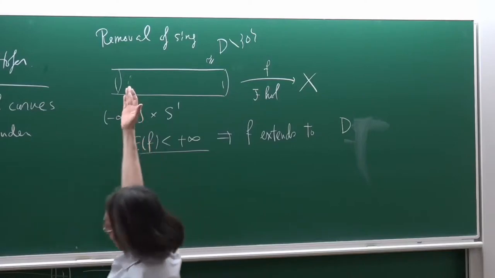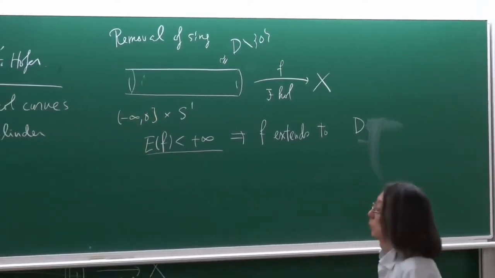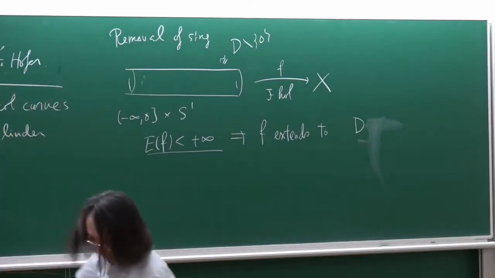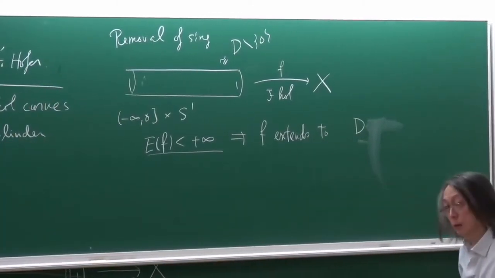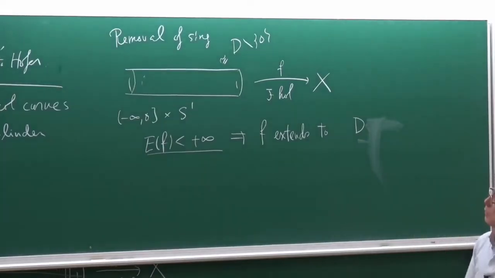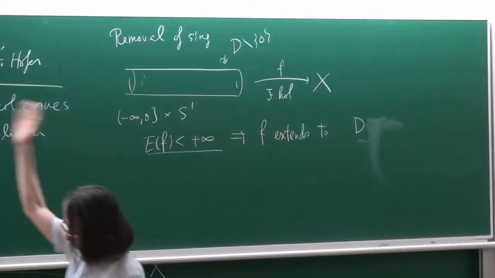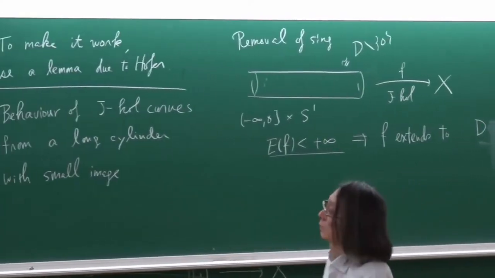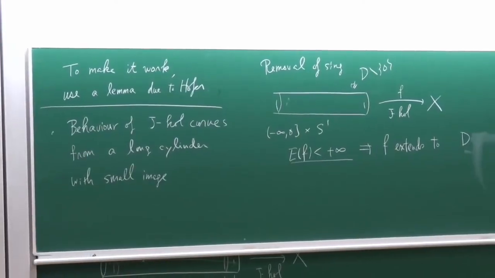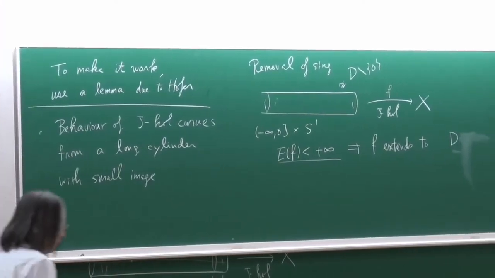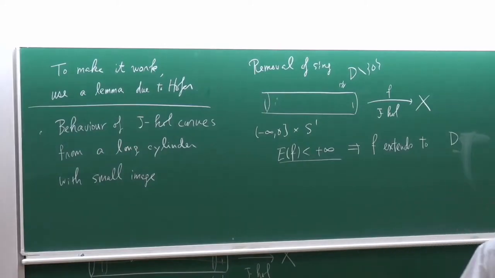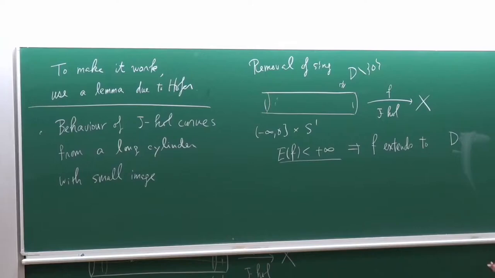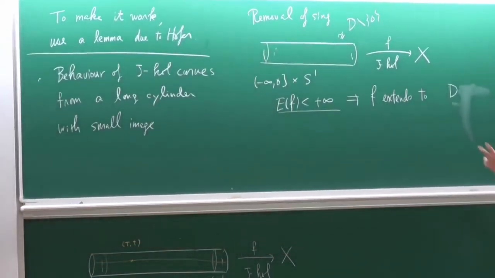And from here, you can get some differential inequality for the energy functional for the restriction of this holomorphic map F. And then from this you get some decay estimate. Once you have this, you can use the energy derivative bound under the small energy condition, and so this will decay nicely. So this is the argument.